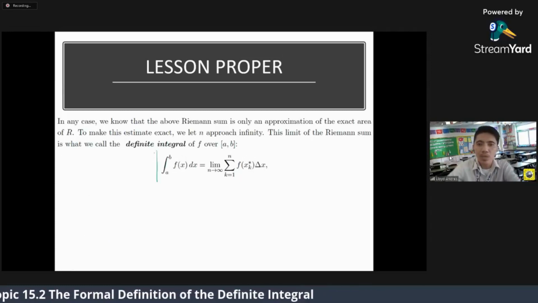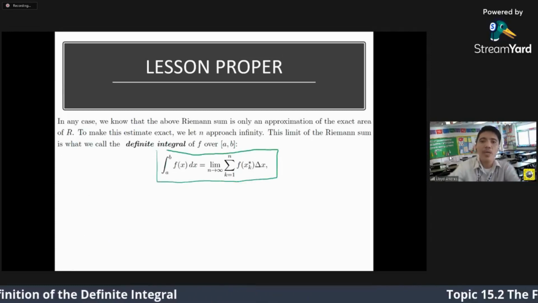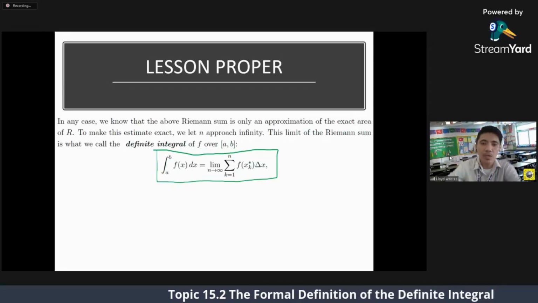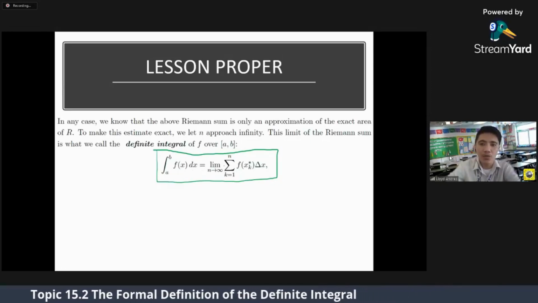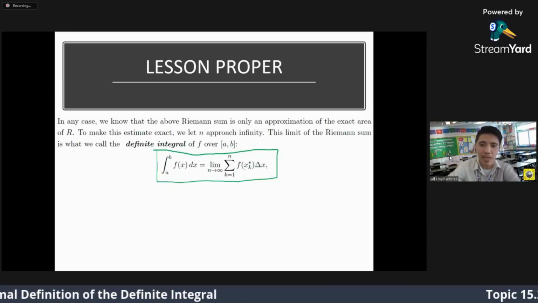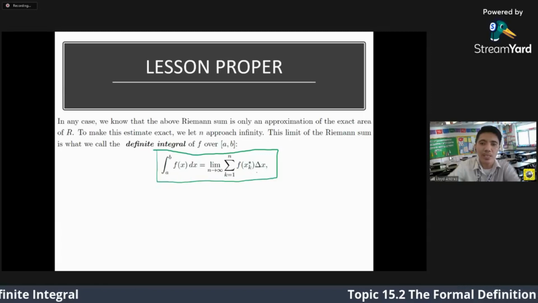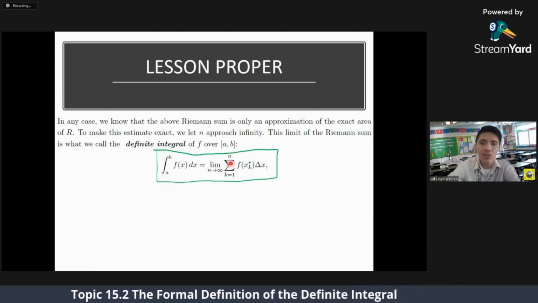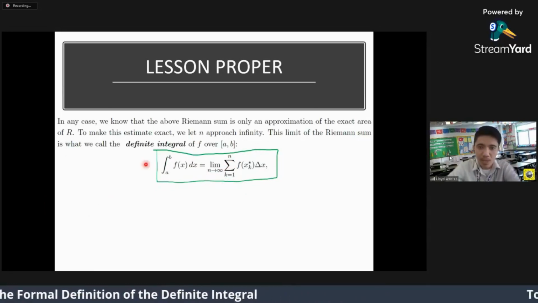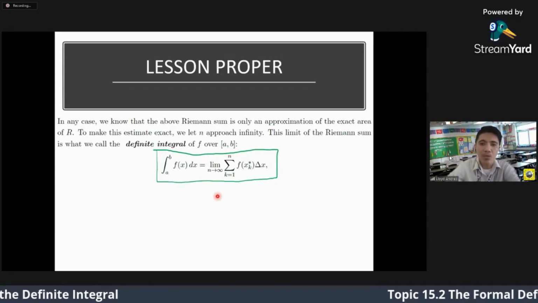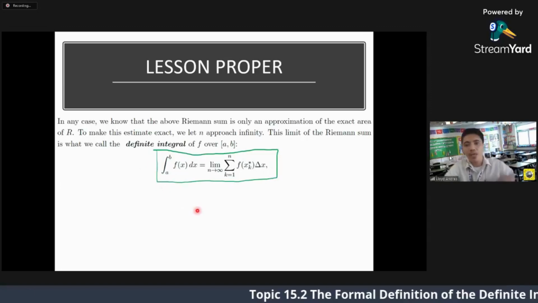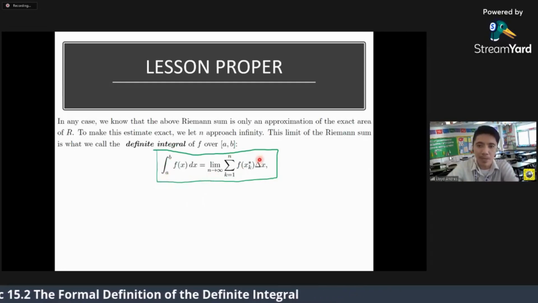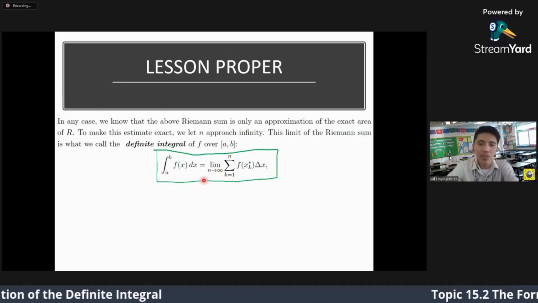The integral of f of x dx from a to b is equivalent to the limit of the summation of f of x asterisk sub k times delta x, where k starts from 1 to n, as n approaches infinity. That is how we read it, and what we will do is apply how to use this formula. Again, the definite integral is actually the limit of the Riemann sum as n approaches infinity.